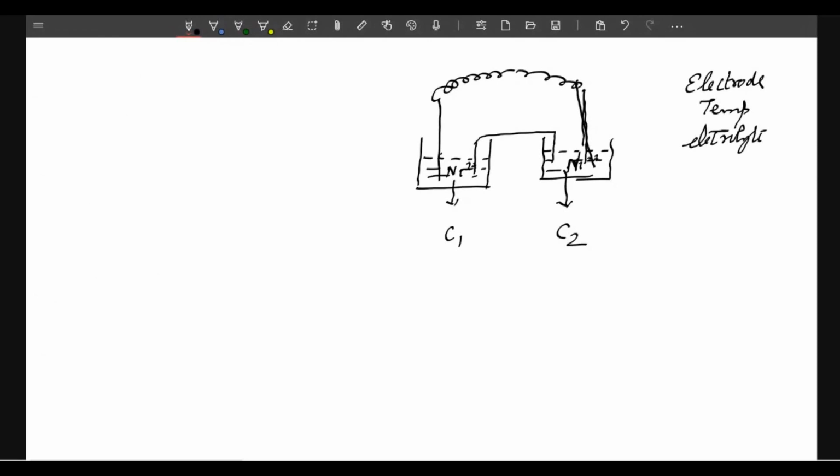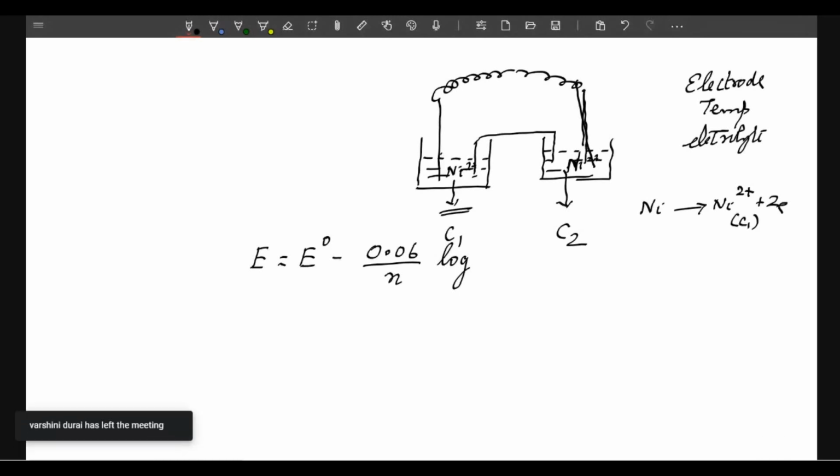And for this, once again, the cell EMF E is given by the Nernst equation: E naught minus, let us assume the temperature is maintained at 25 degrees, 0.06 by n into log of. Here, if you write down the equation as nickel to nickel 2 plus plus 2 electrons, let us assume this nickel 2 plus is at C1 concentration, that is this side, the anode compartment. Then the nickel 2 plus in the cathode compartment will take the electrons, and nickel solid is deposited.